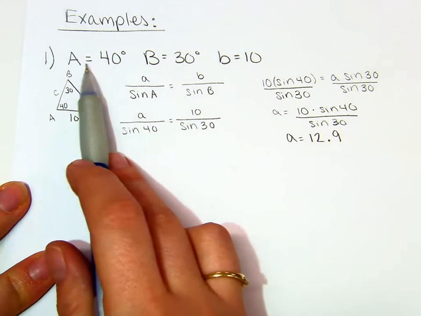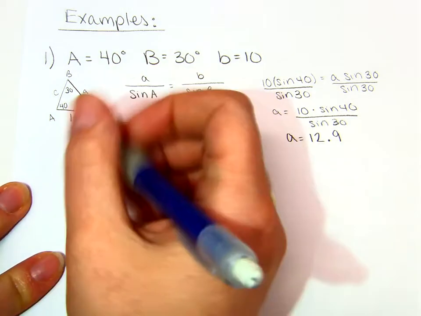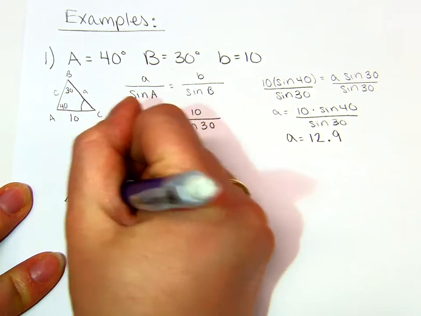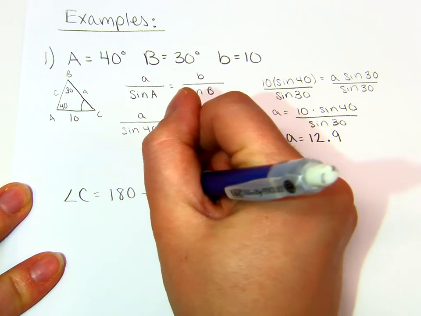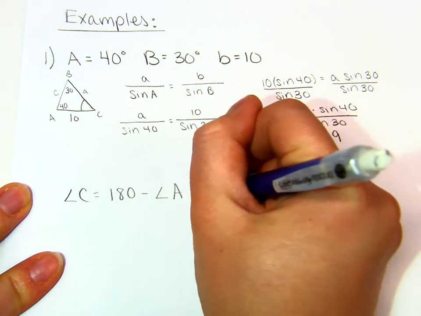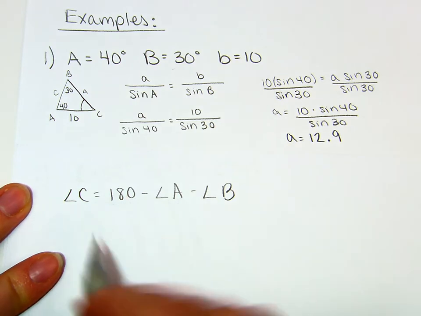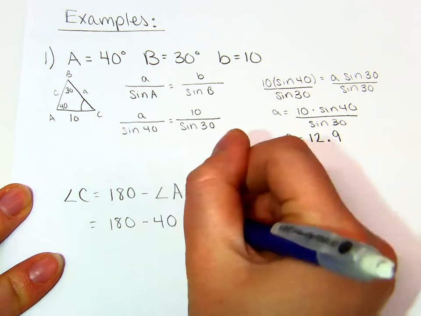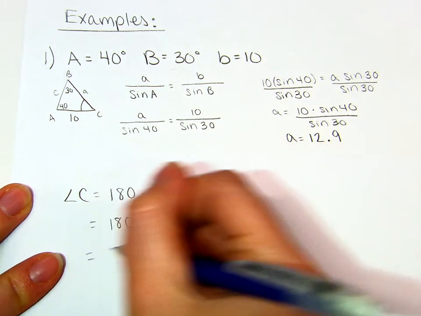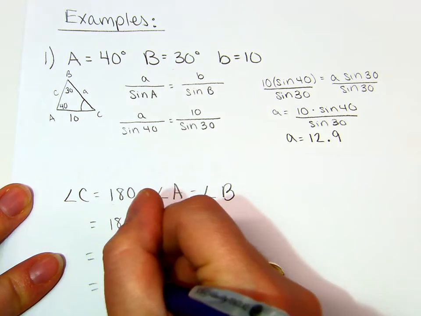And I'm going to use my angle C because if I know two angles in a triangle, I can find my third angle. So angle C would equal 180 minus angle A minus angle B. Because there's 180 degrees in a triangle, so 180 minus 40 minus 30 would give me 180 minus 70, which would give me 110 for angle C.